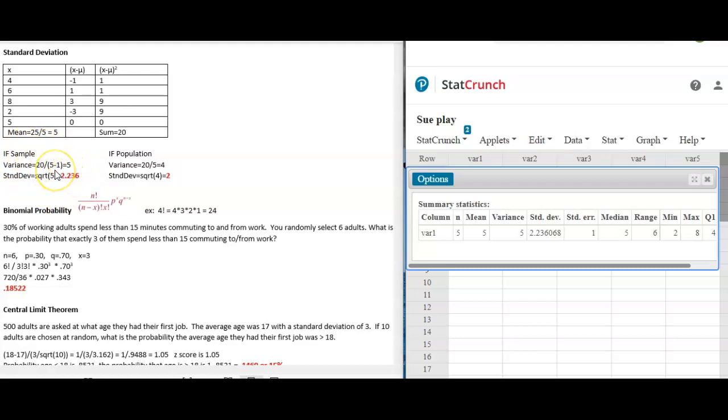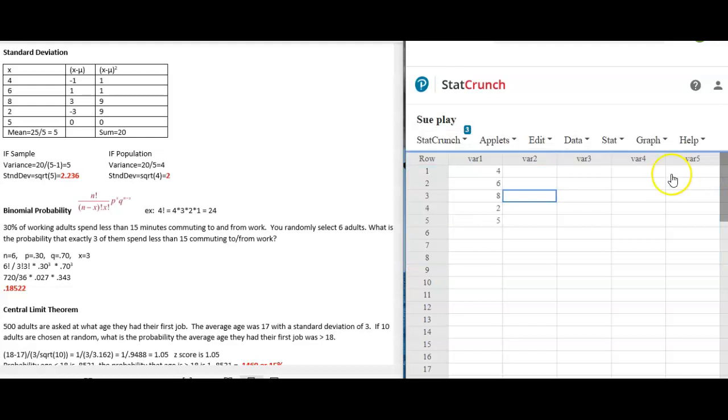So in its calculation, it is subtracting 1 from the sample size to calculate the variance, taking the square root, and that gives us 2.236. Also, you can see the variance is 5. So statcrunch is assuming that our data is a sample.